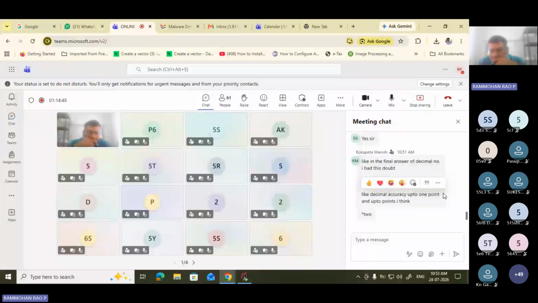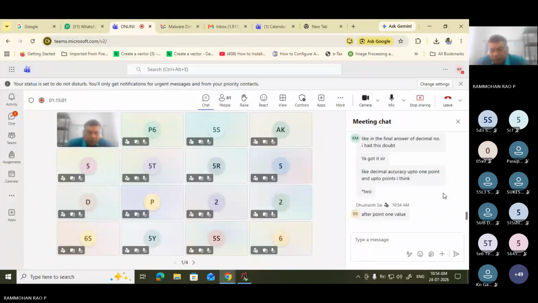Decimal accuracy up to 1 point. After the point, one value. Anything else? Any other answer?